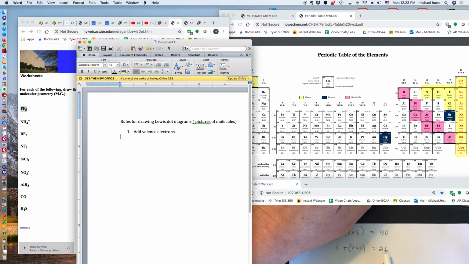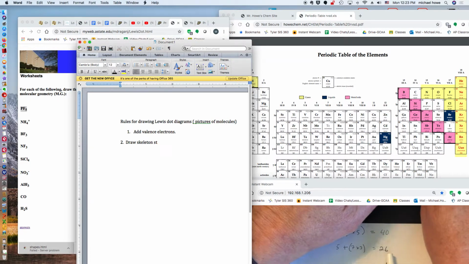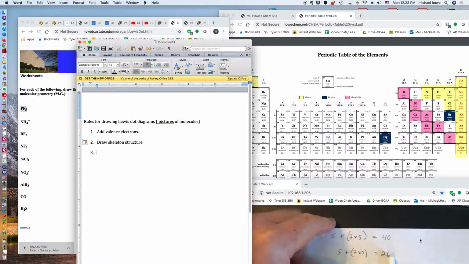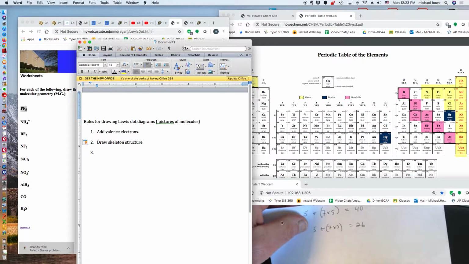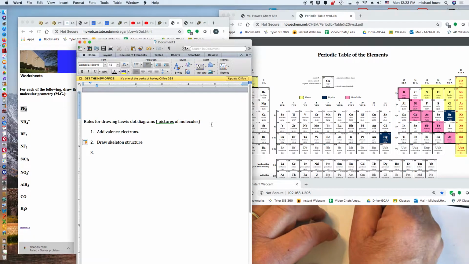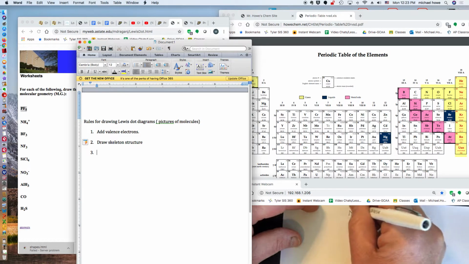Step number 2 would be to draw a skeleton structure. And a skeleton structure, what that means is, I'm going to do the NF3 right over here. We'll draw it first. We already said that there are 26 valence electrons, 5 plus 7 times 3.